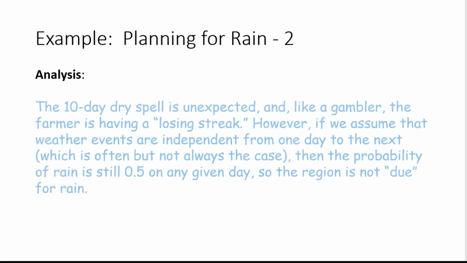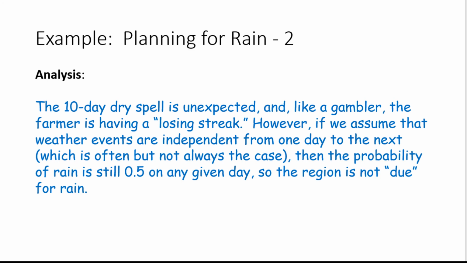Analysis. The 10-day dry spell is unexpected, and like a gambler, the farmer is having a losing streak. However, if we assume that weather events are independent from one day to the next, which is often but not always the case, then the probability of rain is still 0.5 on any given day, so the region is not due for rain.